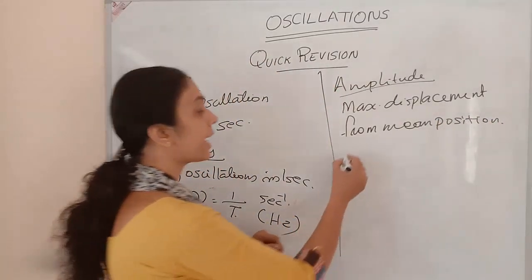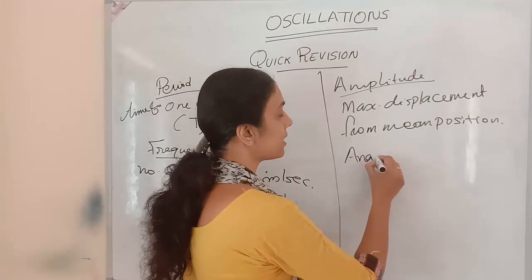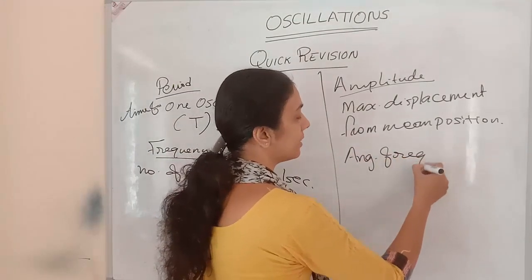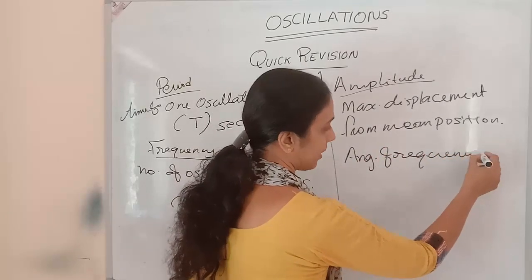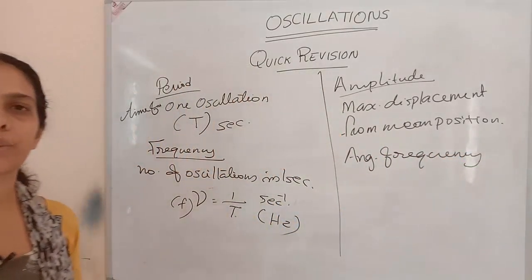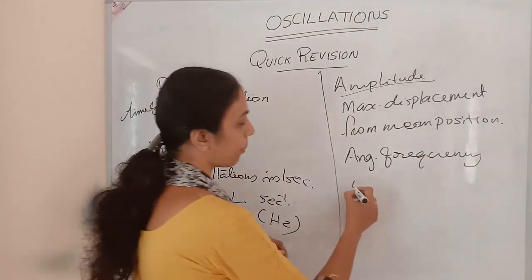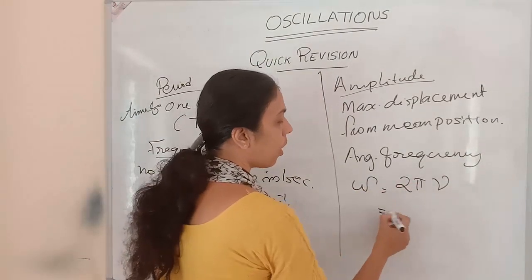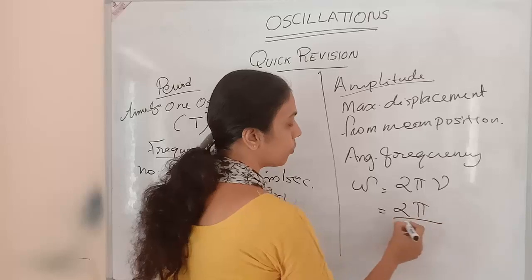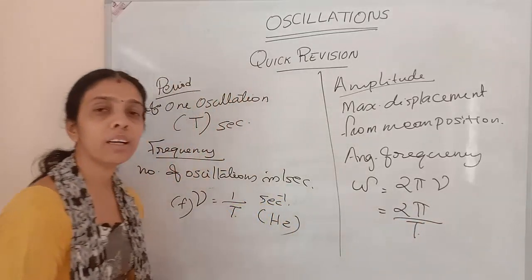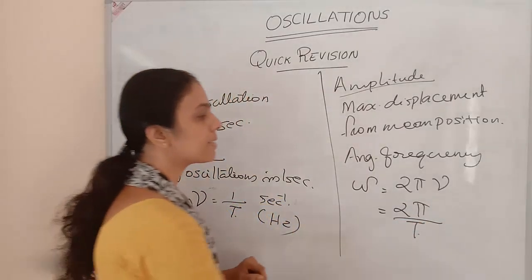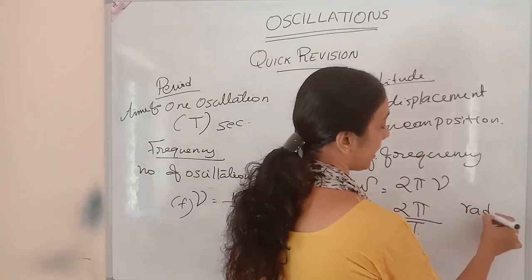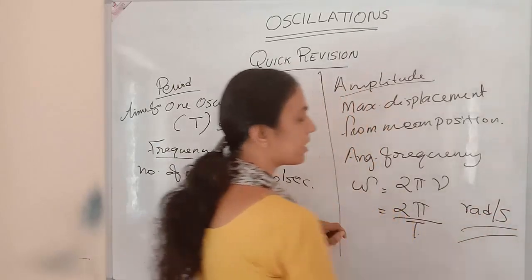Then next is angular frequency. Frequency represented in angle is called angular frequency. Its representation is omega. Omega equals 2 pi into nu, or we can write it as 2 pi by T. The SI unit is radians per second.